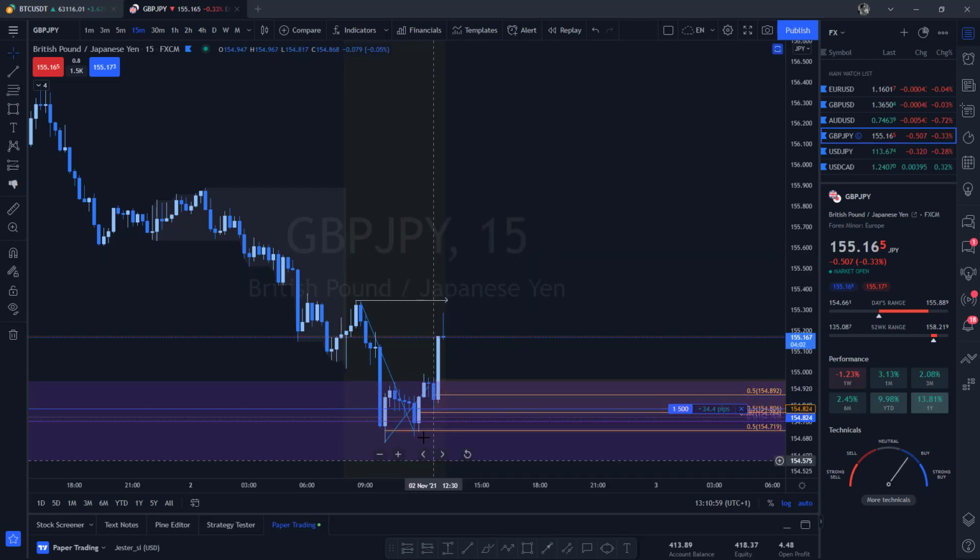That was not mitigated. This one was mitigated by this wick down here.